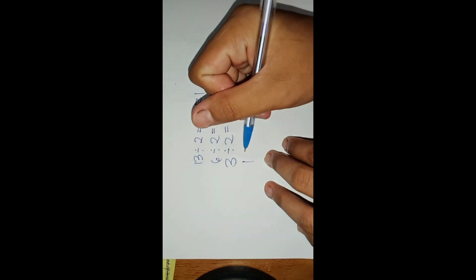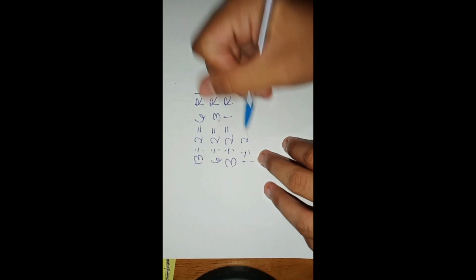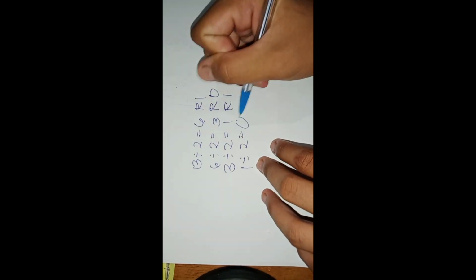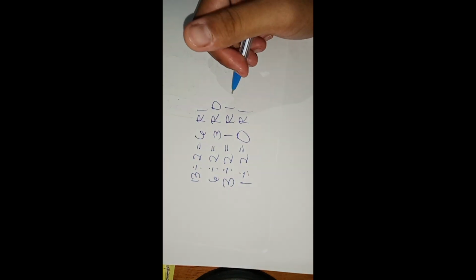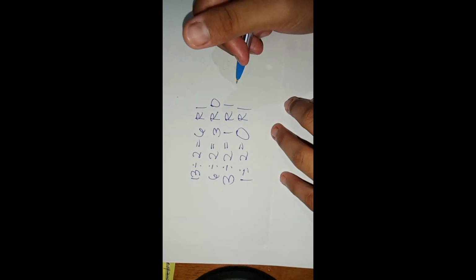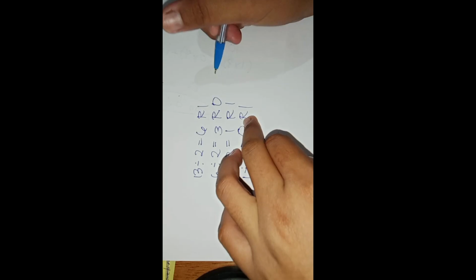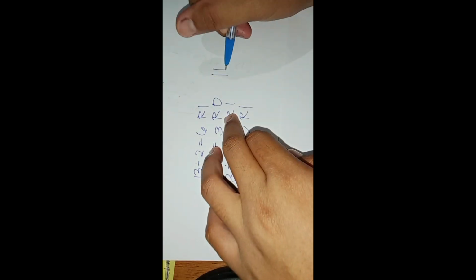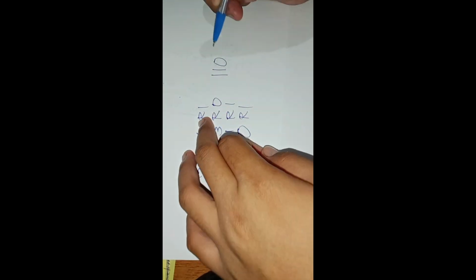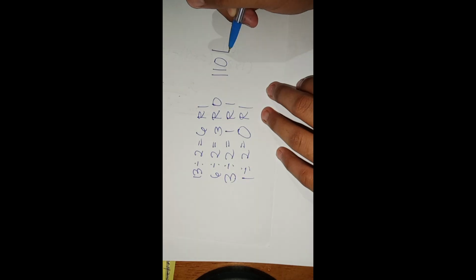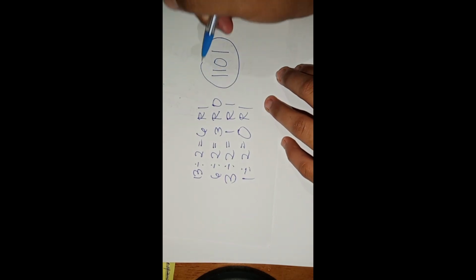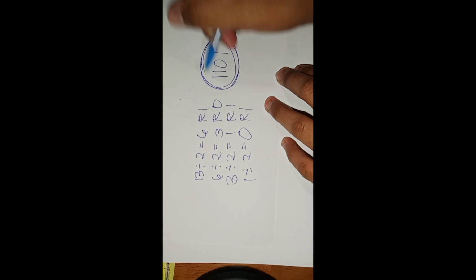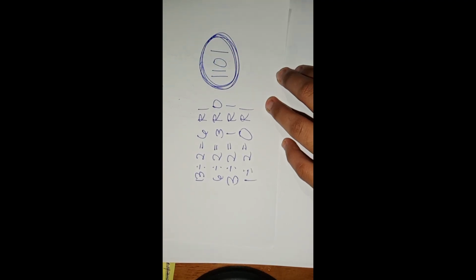Then 1 divided by 2 is equal to 0, remainder 1. Now, read the remainders from last to first: 1, 1, 0, 1. So the decimal number 13 is 1101. This is the final answer.